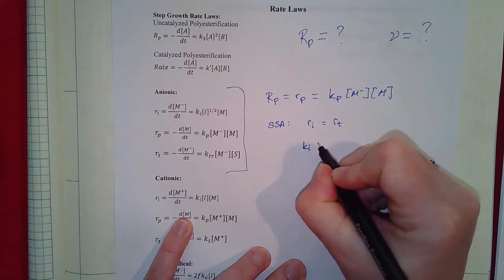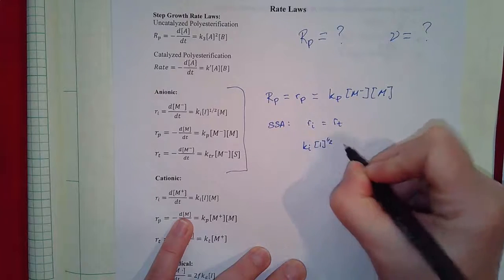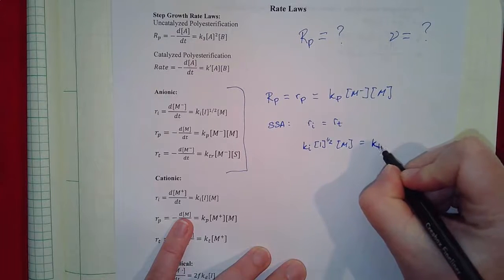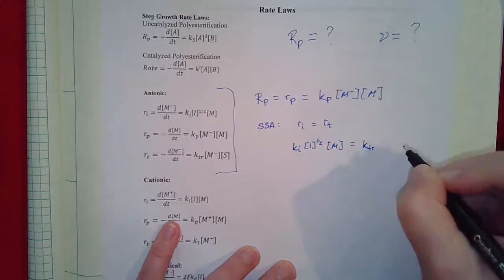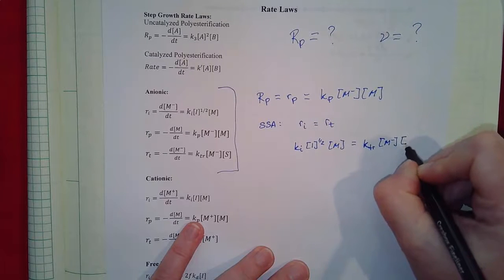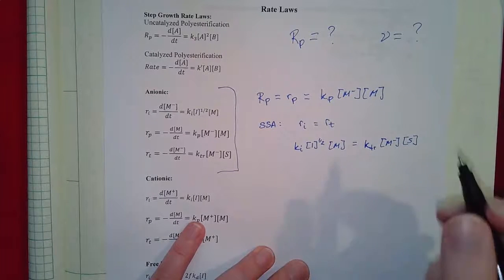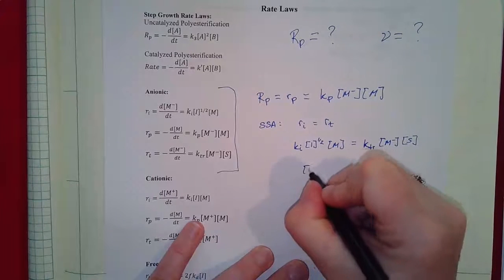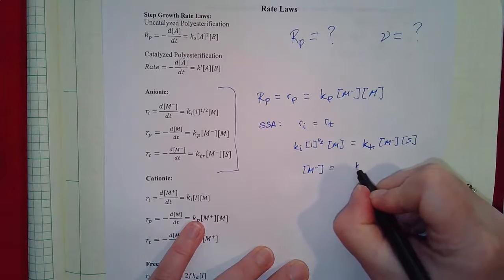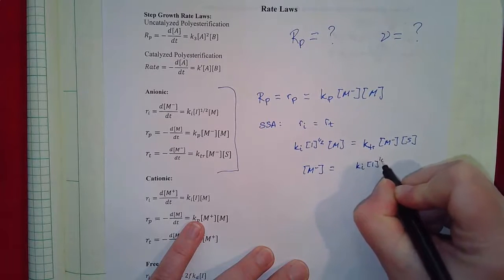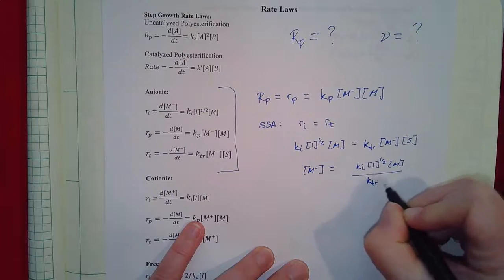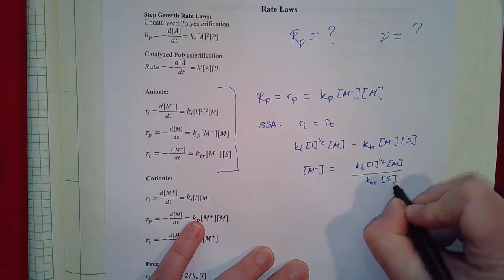So Ki, initiator concentration to the 1/2, times the monomer concentration equals KTR, termination is done by transfer so that's why it's TR, times the anion concentration times the solvent concentration in this case. So the anion concentration is simply Ki, initiator concentration to the 1/2, monomer concentration, divided by KTR and the solvent concentration.